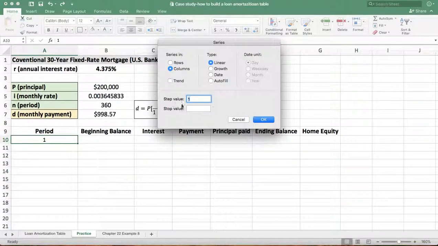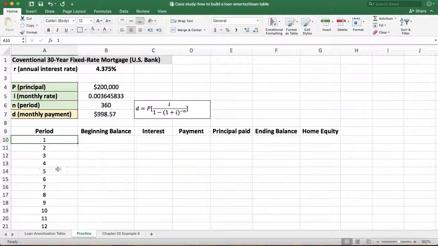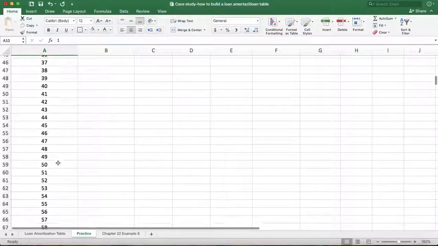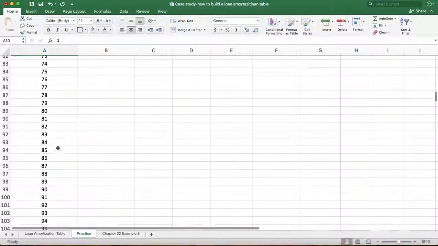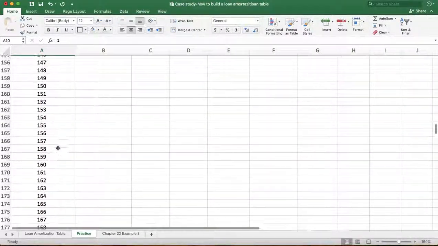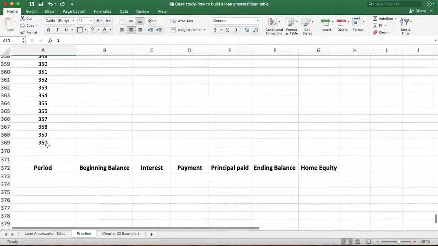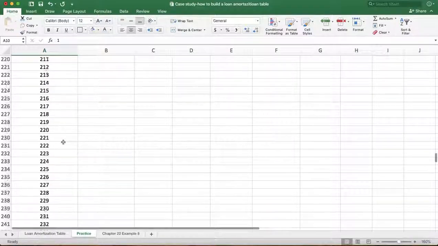Step value 1. Stop value is 360 and click OK. Autofill function in Excel. We can get 1 to 360 in 1 second.